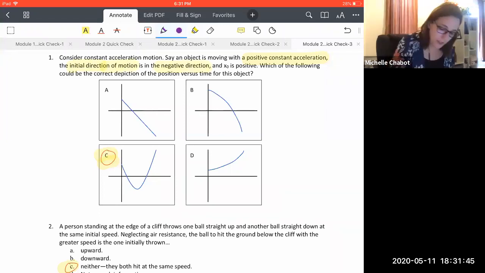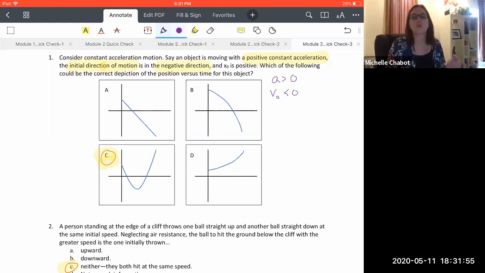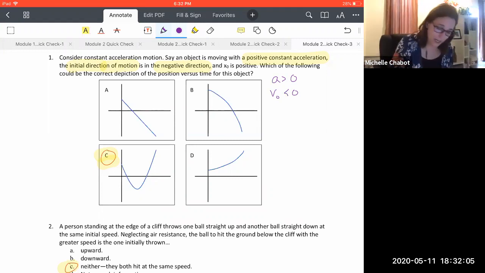So positive constant acceleration means our acceleration is bigger than 0. An initial direction of motion, that's our velocity. Our initial velocity is less than 0. So what we expect is that because we're headed in the negative direction to start, because our velocity is negative, and the acceleration is positive, we need to be slowing down to start.